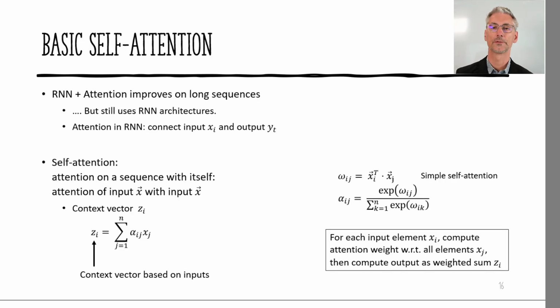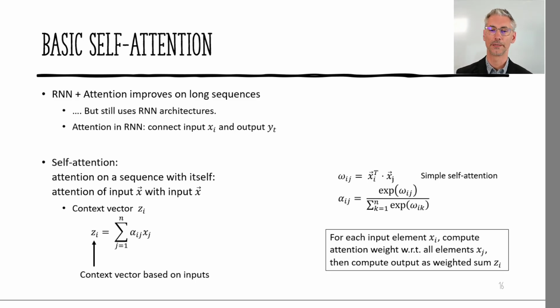And this then leads us to the basic self-attention, right? So recurrent networks with attention improve on long sequences, but they have these RNN architectures. And self-attention is then one step moving to the transformer architecture. Self-attention is the attention mechanism of a sequence with itself. So instead of using two different sequences x and y, now we have the attention of an input vector with the input vector itself.